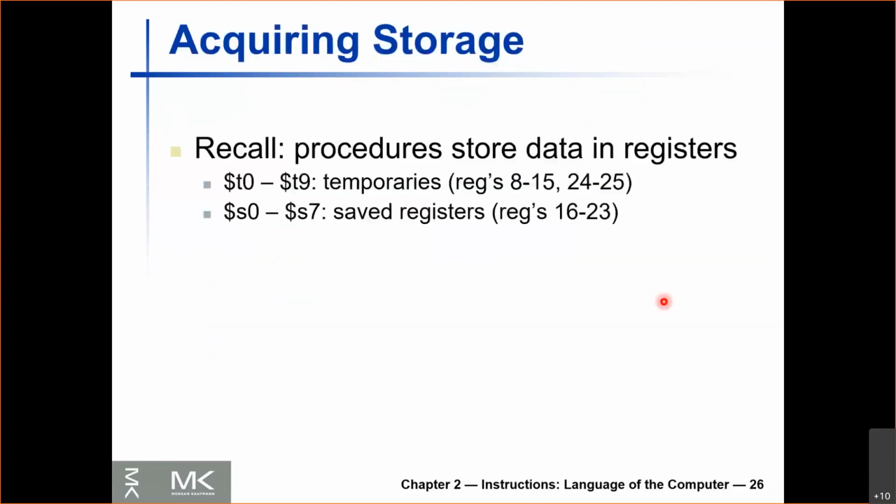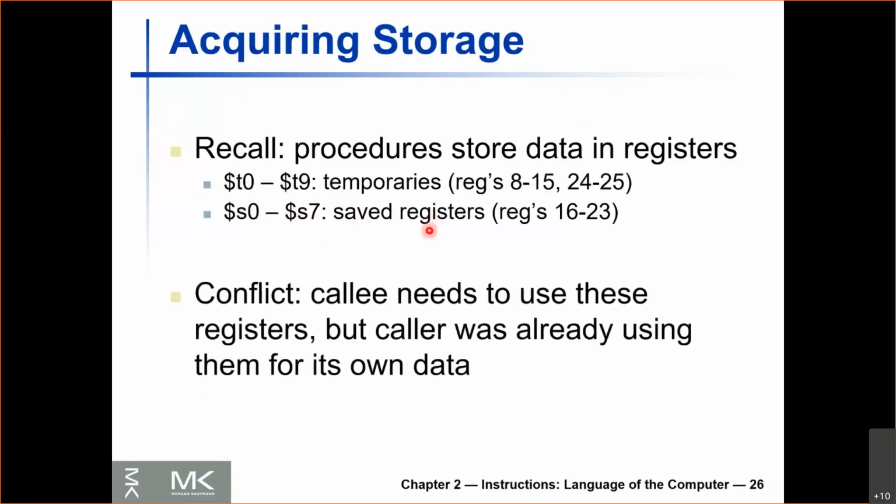If you remember, we had T0 to T9 and S0 to S7, the temporary registers and the saved registers. Foo might be using some T registers and some S registers, and bar may also want to use some T registers and some S registers.